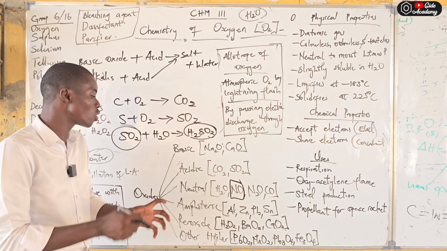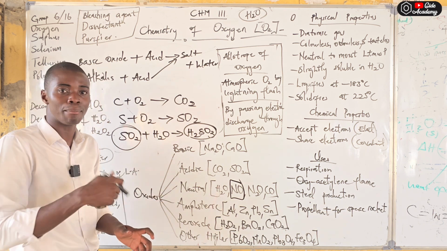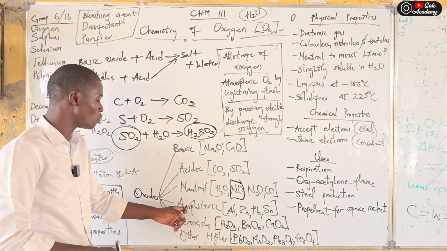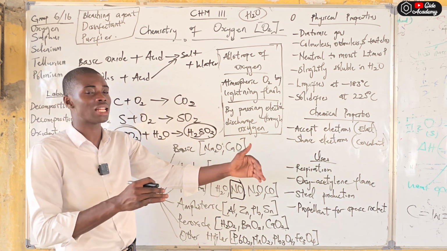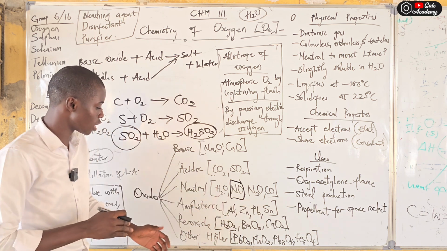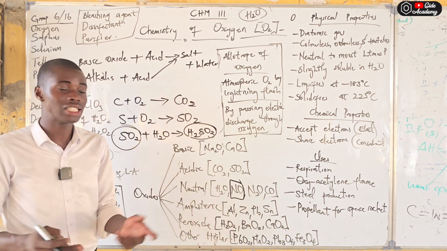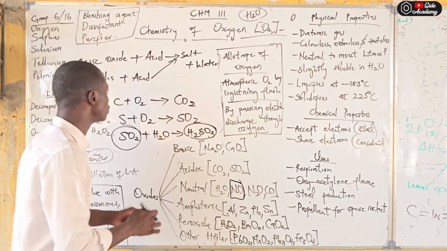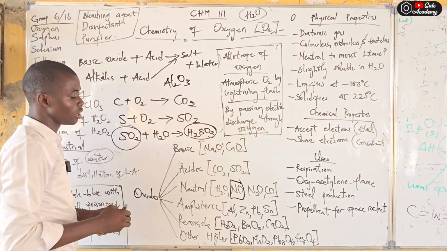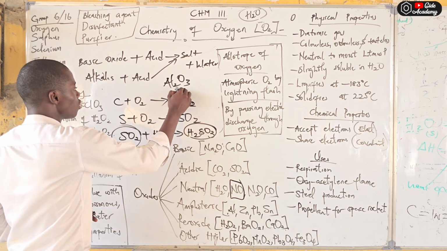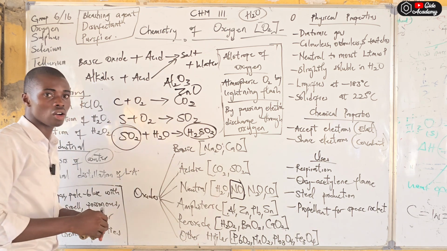So they don't behave acidic, they don't behave basic. But we also have other oxides that behave both acidic and basic. We call them the amphoteric oxides. So any oxide that has a basic property and an acidic property is referred to as an amphoteric oxide. An example of them, we have oxide of aluminium, let's say Al2O3, and zinc oxide.